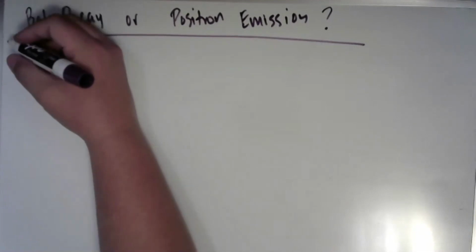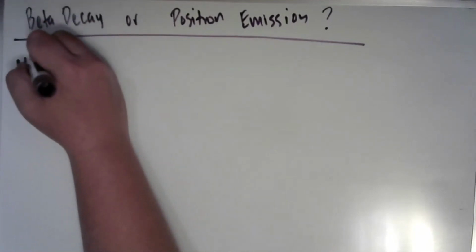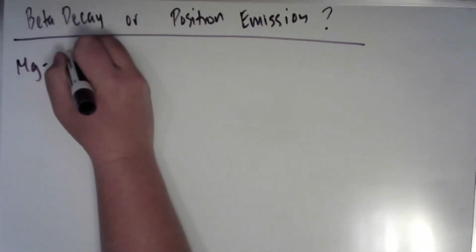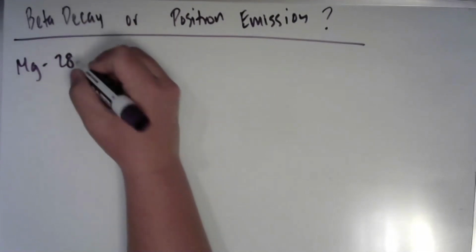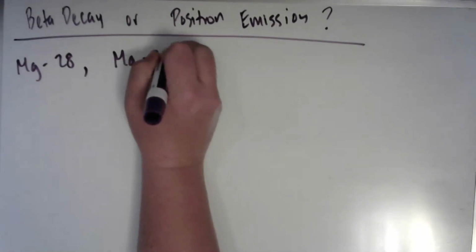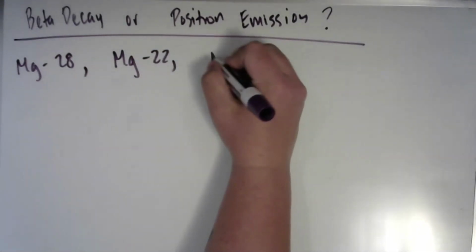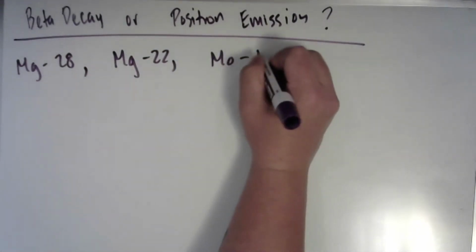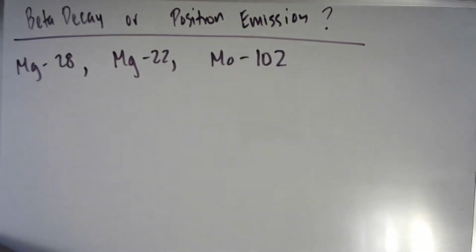Okay, so our first set is going to be Mg28, Mg22, and Mo102. To figure this out, we're going to look at the atomic number for each of the elements.